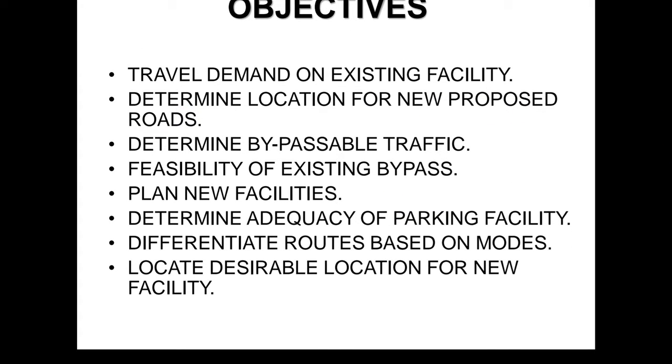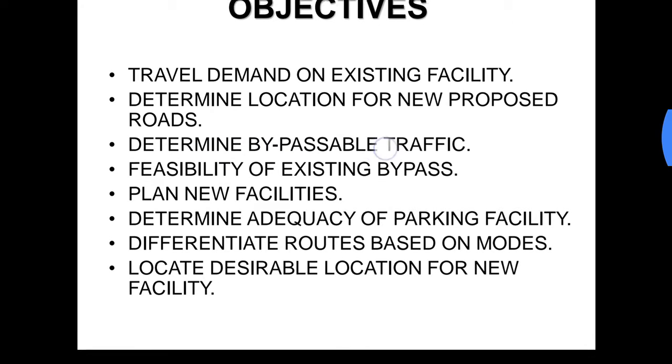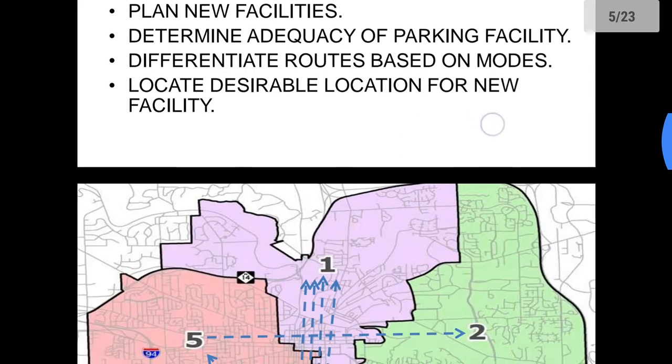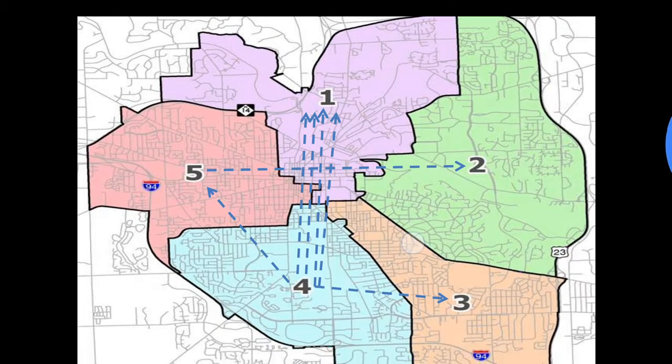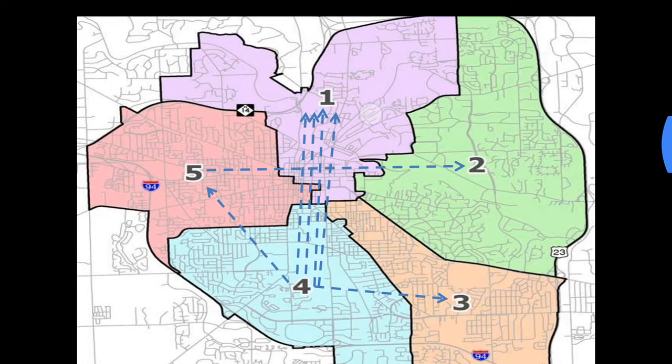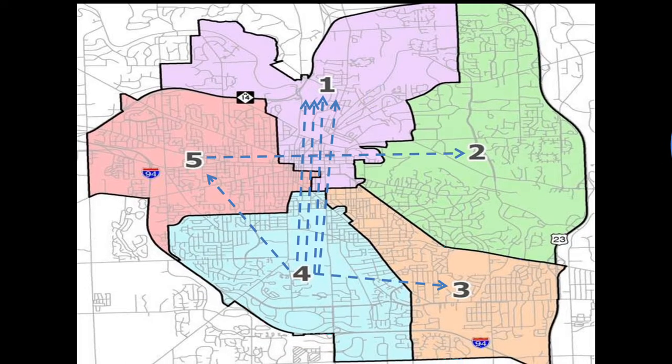Similarly we can determine bypassable traffic. Since we know that the maximum traffic is traveling from 4 to 1, what we can also do is provide a separate road connecting 4 to 1.